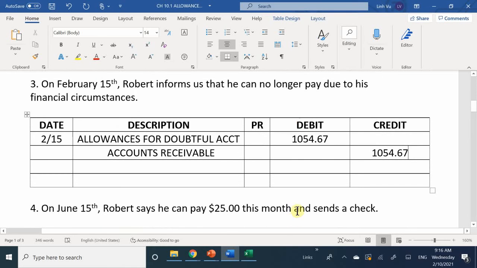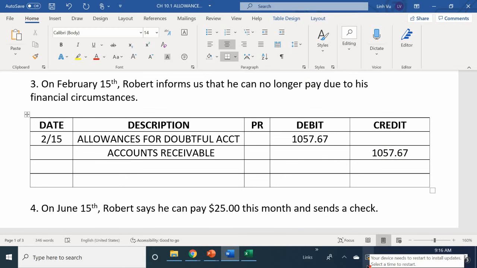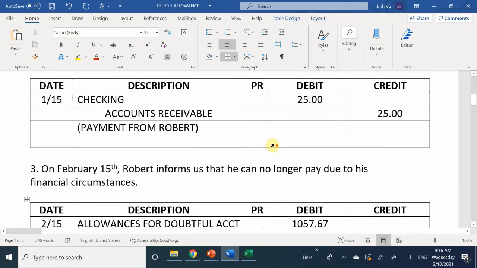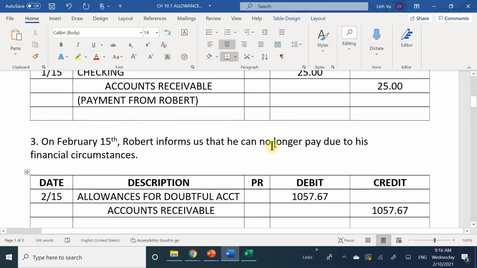I have 1057.67. Yeah, 7. I just went back to double check. Okay, so the 67 cents, but 5 minus 2 gives you 7. Yes. Yep. Sorry. No worries.